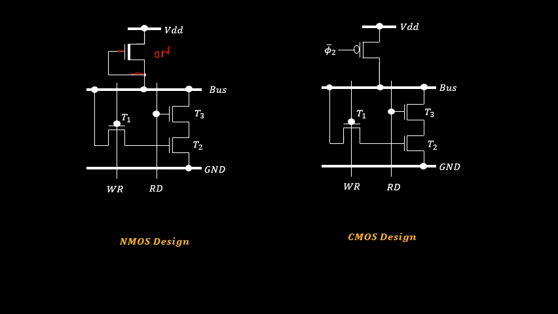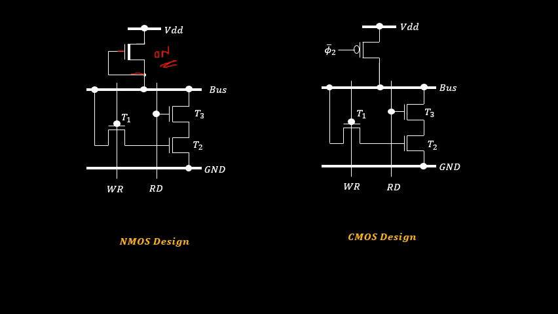So whatever logical states you apply for the read signal RD as well as the write signal WR, it is not going to matter; by default this transistor in the pull-up part is always turned on.